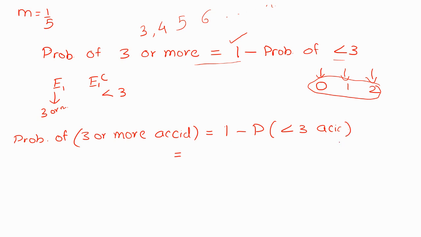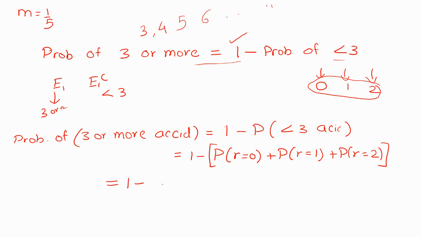That is 1 minus probability of r. Now the number of accidents is my number of successes, that is the r value. So it will be r equals 0, plus probability of r equals 1, plus probability of r equals 2. So this will be 1 minus, and I need to solve this. I have this formula, and the m value we have found is 1 by 5.